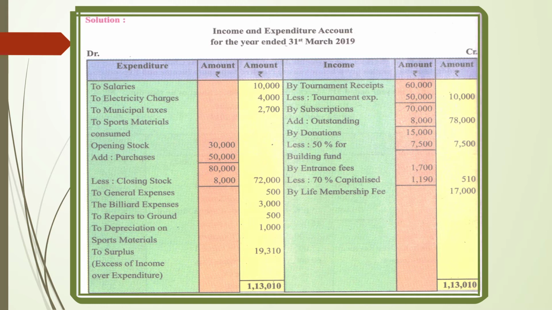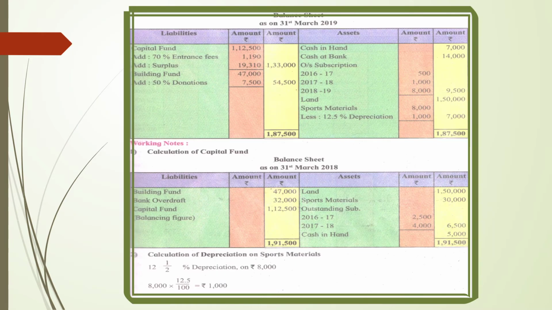Why do you want to prepare the opening balance sheet? First clear this point in working note: because of the absence of capital fund in the example, you have to prepare opening balance sheet to find out the capital fund. So what is the cash in hand amount? 5,000, which is mentioned in your opening balance sheet.